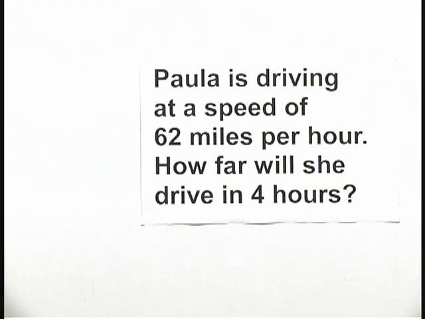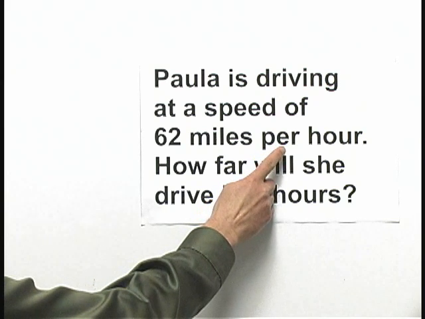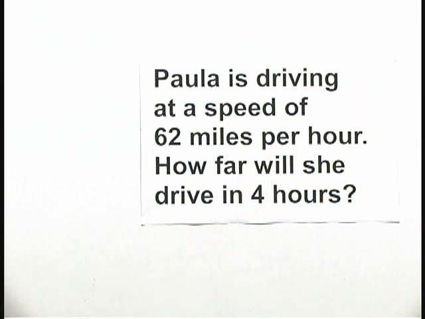A rate describes a relationship between two different kinds of units. The word per is often used to express a rate. I can see the word per right here in our problem.